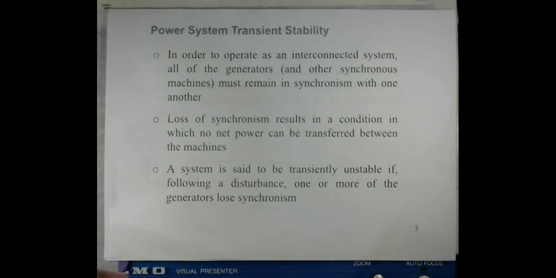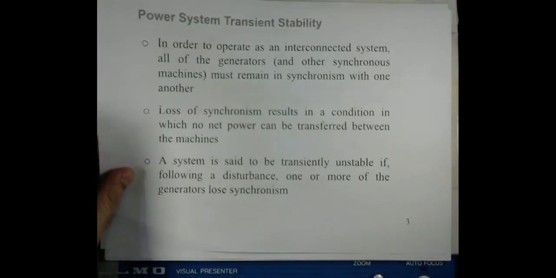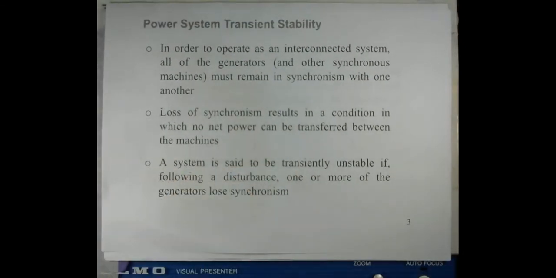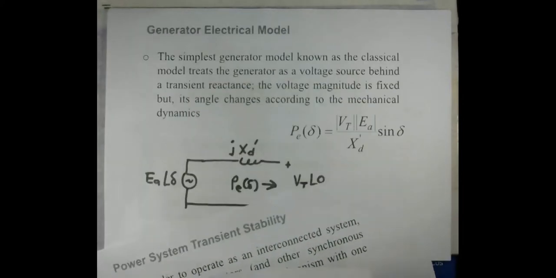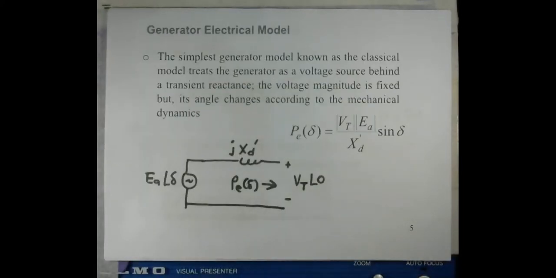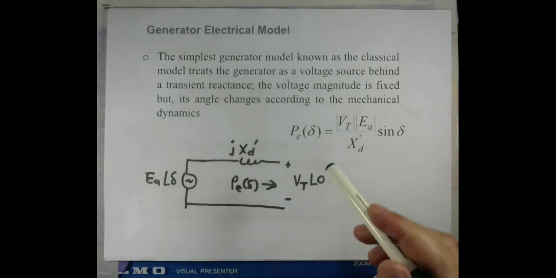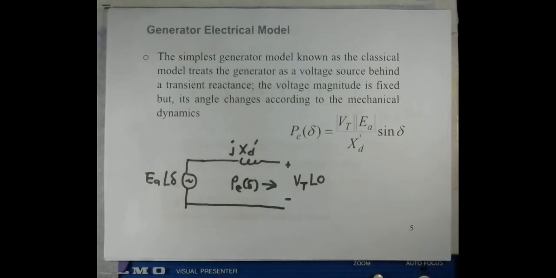So we started the discussion on the transient stability analysis with the two models of the generators, because stability is mostly related with the generators. We discussed that we need both models of the generator. One we call the electrical model, and the other model is the mechanical model.